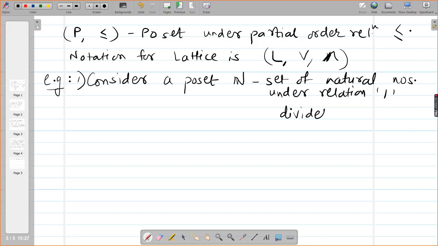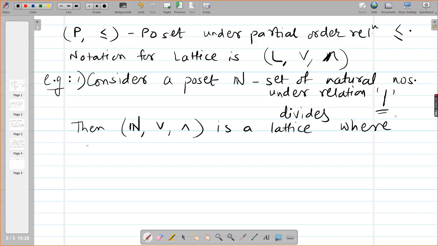Then N, join and meet is a lattice, where A join B is equal to LCM of AB.